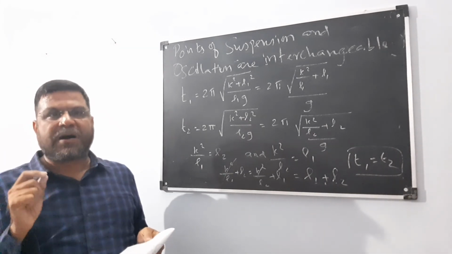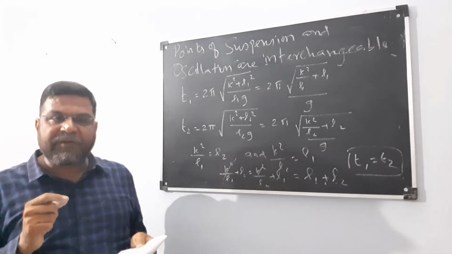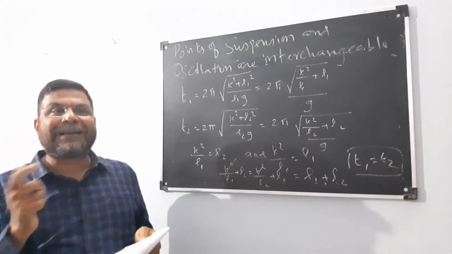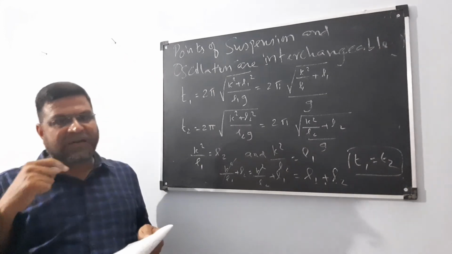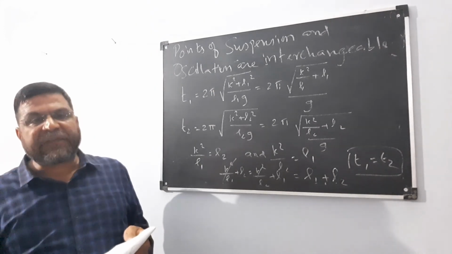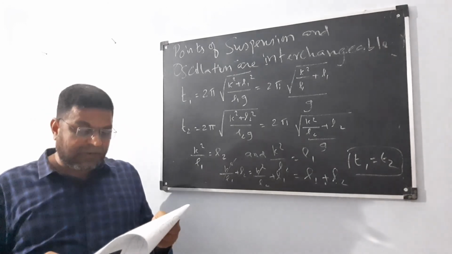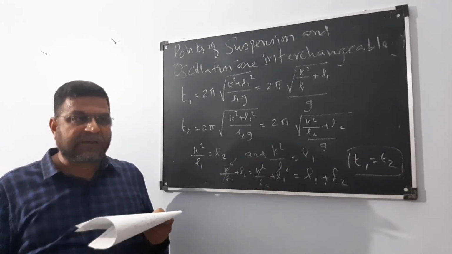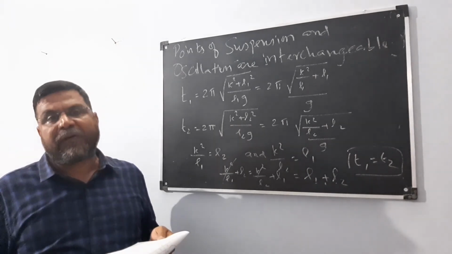So only in a compound pendulum we have to know that the center of suspension and center of oscillation are interchangeable. If A is the point of suspension, C is the point of oscillation. If C is the point of suspension, then A is the point of oscillation.